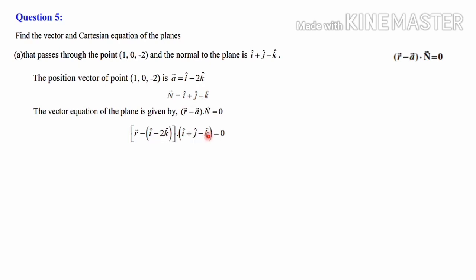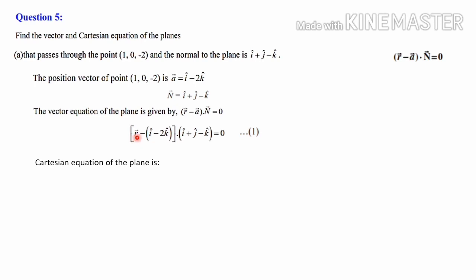No more simplification. We will keep the equation the same and label it as equation number 1. Next we have to go for finding the Cartesian equation. For Cartesian equation we are not going to use any separate formula, we will just substitute this value of vector r in Cartesian form.